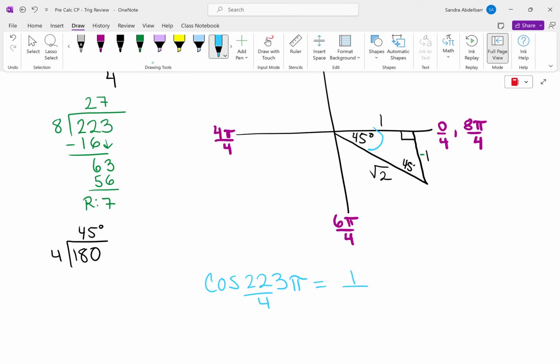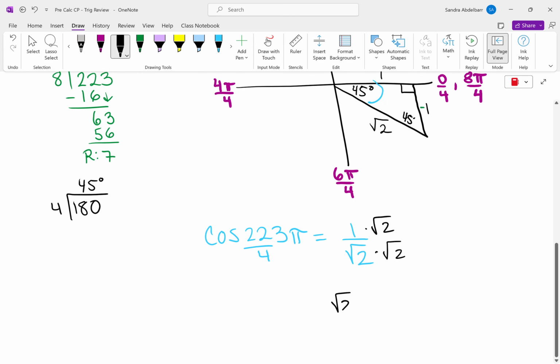Adjacent is 1, the hypotenuse is root 2. Can I leave a radical 2 in the denominator? No. So now I rationalize. Multiply top and bottom by root 2, and we end up getting root 2 over 2 as our answer. Oh, you kept it 1 over root 2. You have to rationalize. We don't leave a radical in the denominator. All right, next one.